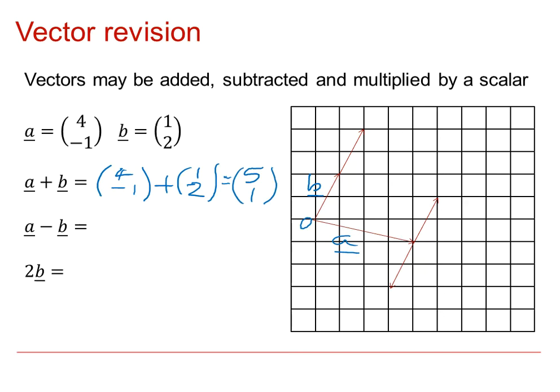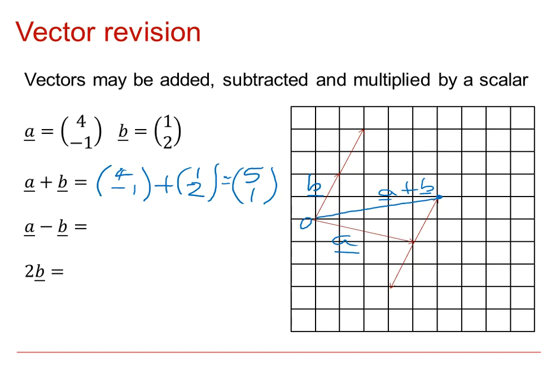Showing this on the diagram, that would give us A and then B up to this point here. So that would be A plus B, shown by that line there.